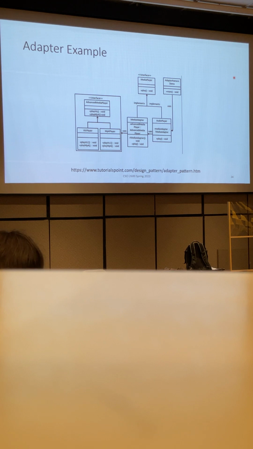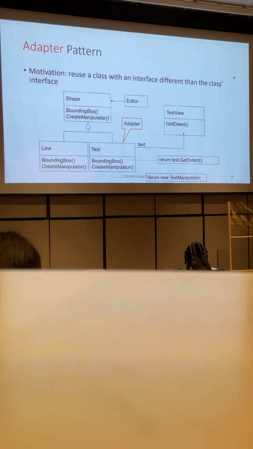All right, so here's another example, an adapter demo, but let's move on and look at more of the adapter pattern. Here we have a shape, and different types of shapes like line and text. And then we have text view.